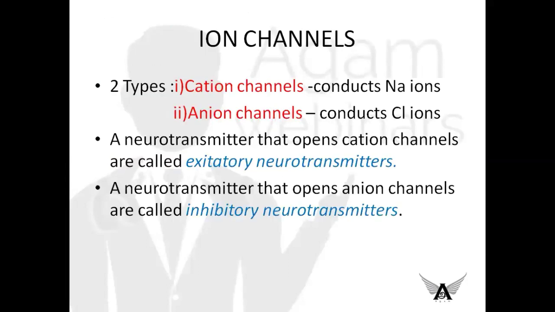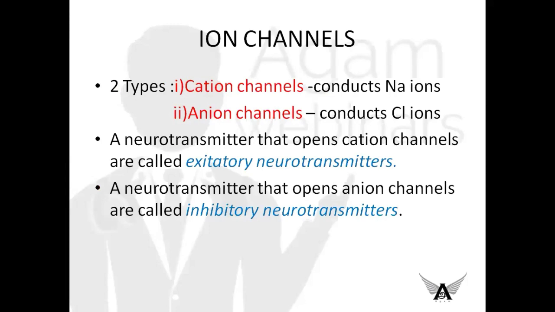There are two ion channels. One is cation channels and another is anion channels. What is the function of cation channels? Whenever a cation channel is open, it conducts sodium ions into the cell. So, a neurotransmitter that opens cation channels is called an excitatory neurotransmitter. Let us see the reason for this.